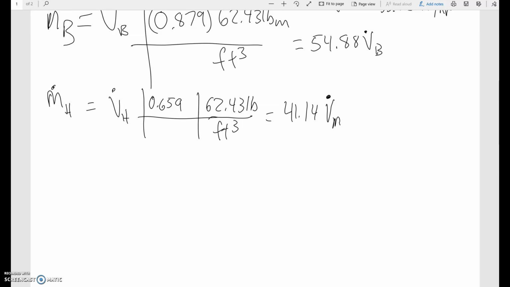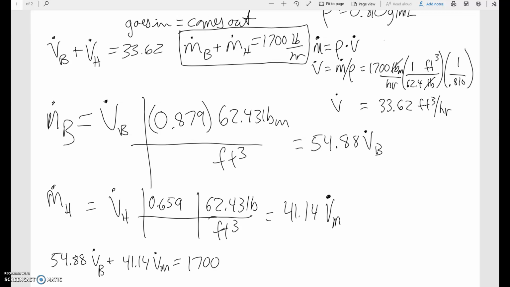So if I plug those in, I get 54.88 VB dot plus 41.14 VH dot, and that's equal to 1700. Now, I also have an expression for VB dot. Where's that?